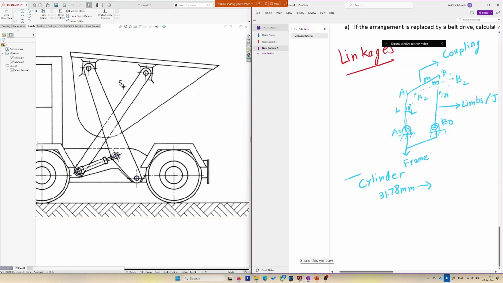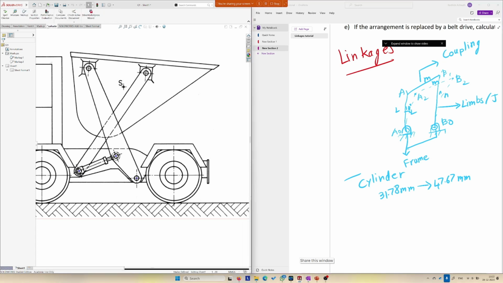According to my scale, initially, we have these 2 points marked here, the end points of the cylinder. It's going to expand and become 1.5 times, and that is basically 47.67 millimeters. And this second end point here and this B naught point is going to be constant.